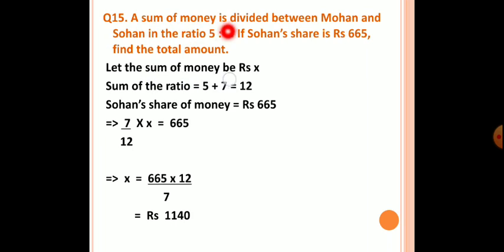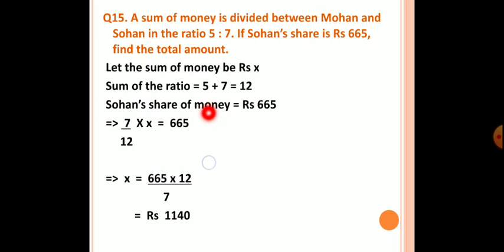A sum of money is divided between Mohan and Sohan in the ratio 5 is to 7. If Sohan's share is rupees 665, find the total amount. First we'll start: let the sum of money be rupees x. What is the sum of the ratios? The sum of the ratio is equal to 5 plus 7, that is 12.